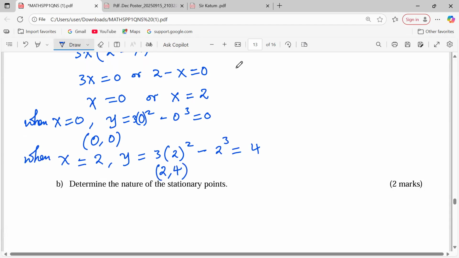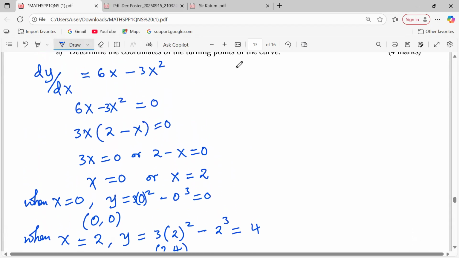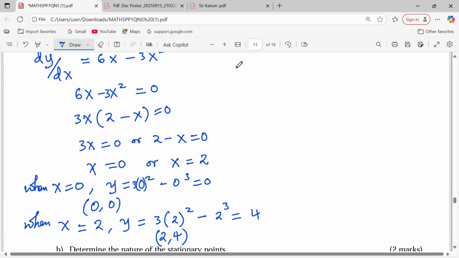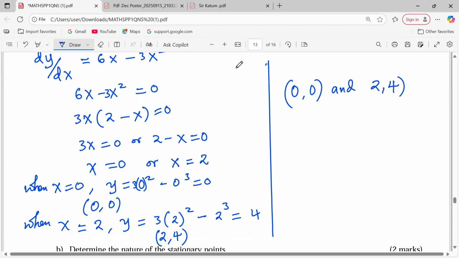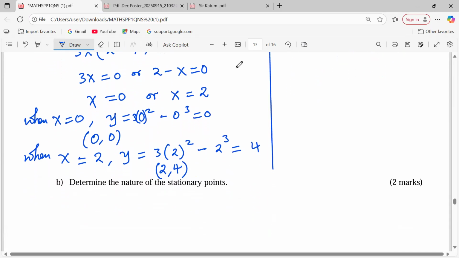So we are having two coordinates for turning points. At the turning points, we have coordinates 0, 0 and 2, 4. Those are the two coordinates for the turning points.